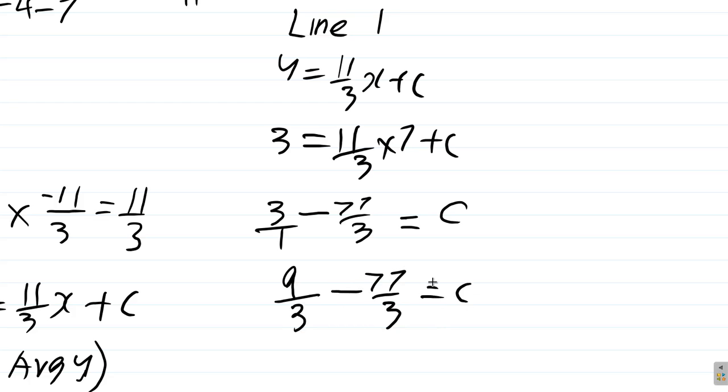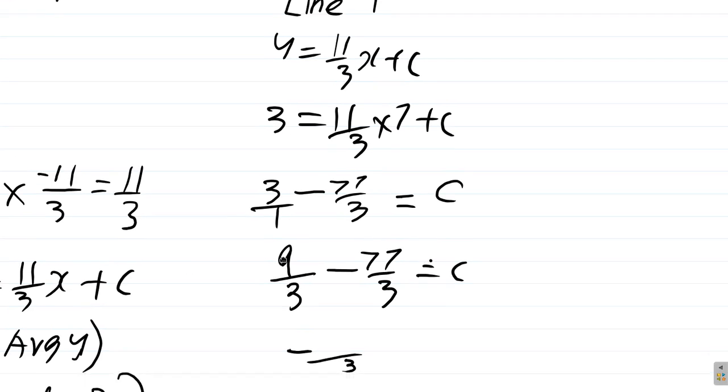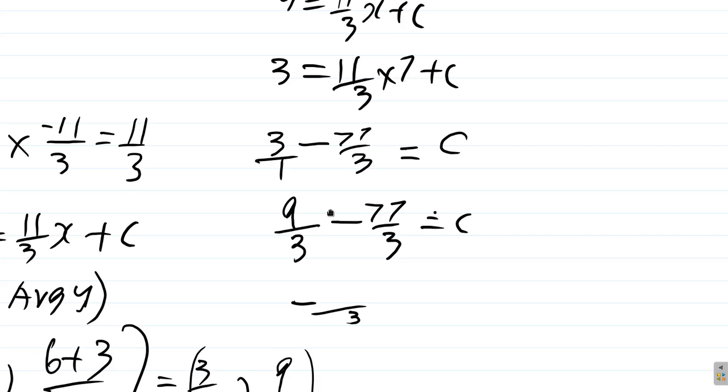And then 9 minus 77 is going to be negative something over 3. Negative what over 3 now? 9 minus 77. You drop 77 off and you get 70 and go down 8, 9, that's 68. So 68 over 3 equals c.